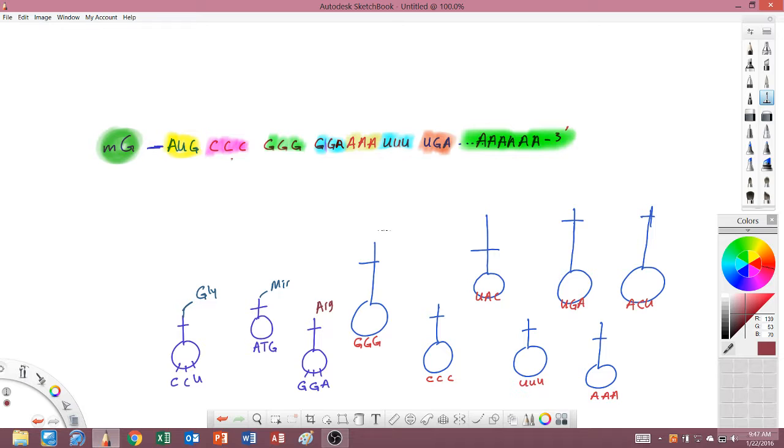And let's say this one is glutamate. Let's say this one carries methionine. Let's say this one carries cysteine. Let's say this one carries phenylalanine. Let's say this one carries alanine. Let's say this one carries, what else is left? Valine. And this one will carry the stop amino acid. Okay.